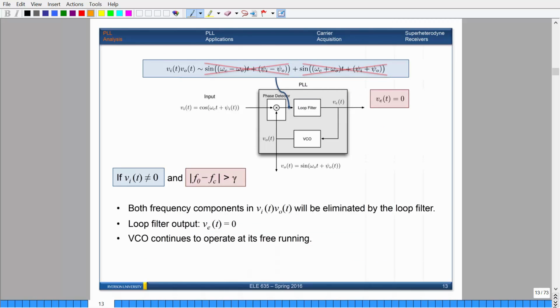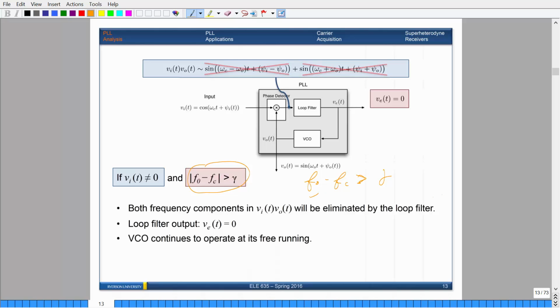Okay, so if the input is not equal to 0, what this relationship says is that, let me see here, if F0, not F0, sorry, it's FC. Actually, no, we can do F0, that's fine. So what this is saying here is that there's two relationships here. So this is saying that if F0 minus FC is greater than some threshold, which we'll call gamma, okay?